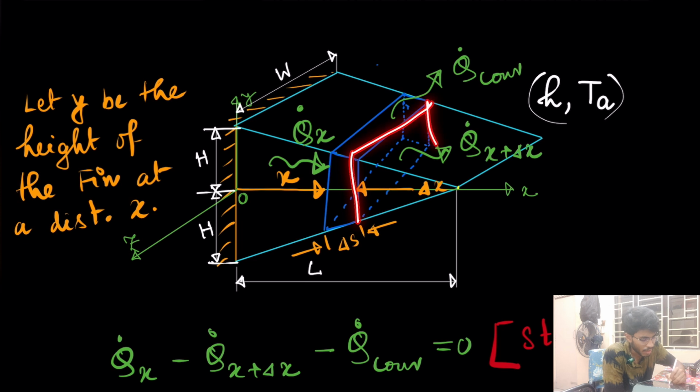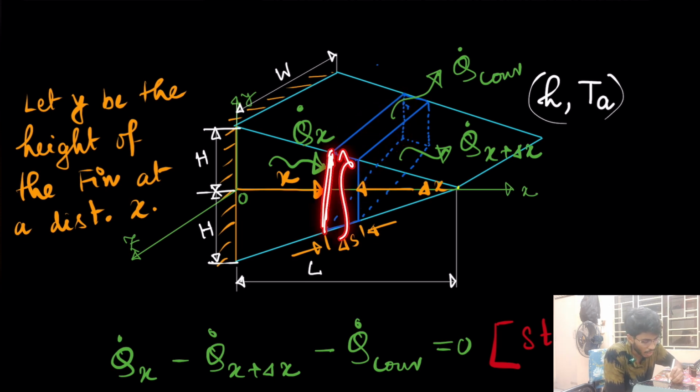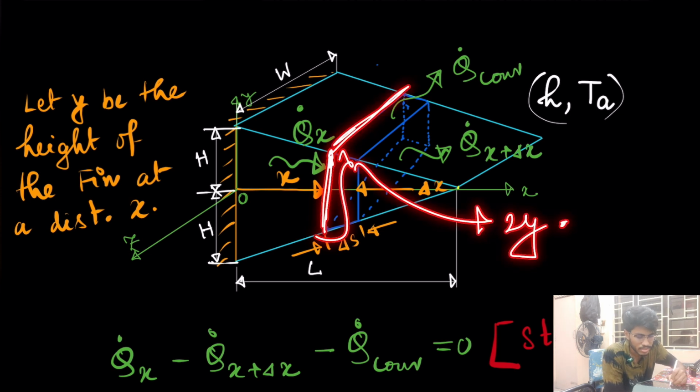Now this time you have to apply your power of visualization, that what is this cross section. So this cross section is nothing but a rectangle having this side as how much, 2 into y, and this as a constant w, right?